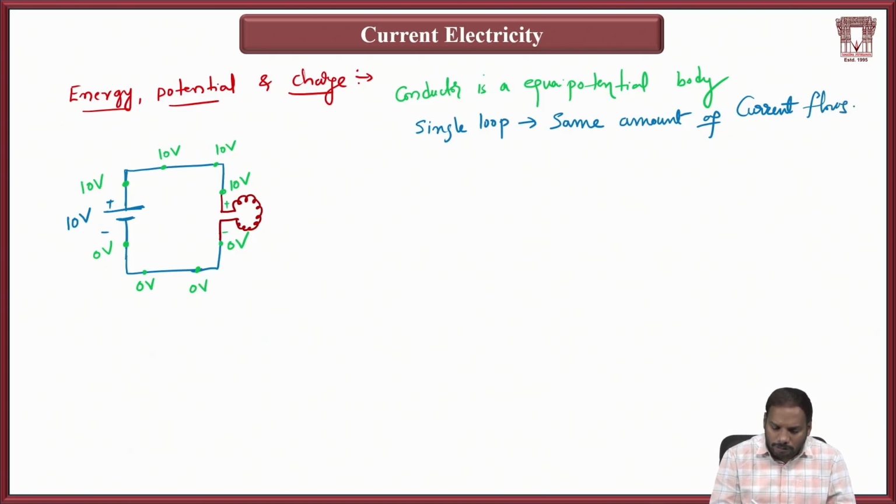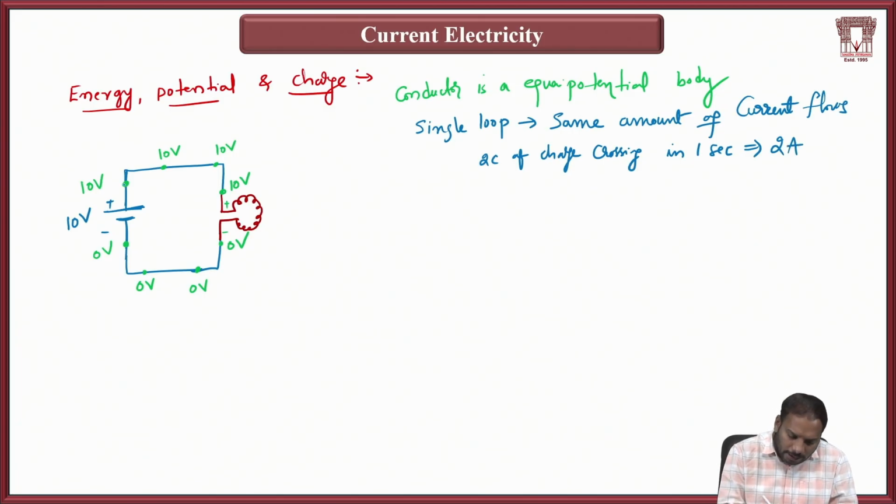Same amount of current flows means, let us assume practically 2 amperes of current flows. That means 2 coulombs of charge crossing in 1 second. That means the current flowing through it is 2 amperes. So the current coming out of the battery is 2 amperes.